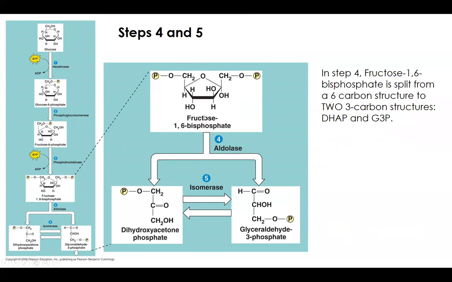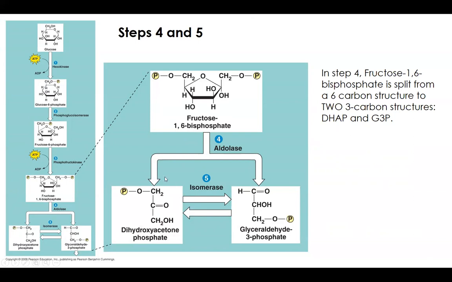We're going to split this 6 carbon molecule, so this is catalyzed by aldolase. Okay, we're going to split this into 2 3 carbon molecules. Okay, so 6 carbons, 1, 2, 3, 4, 5, 6. Split it in half. We now have 1, 2, 3, 1, 2, 3.